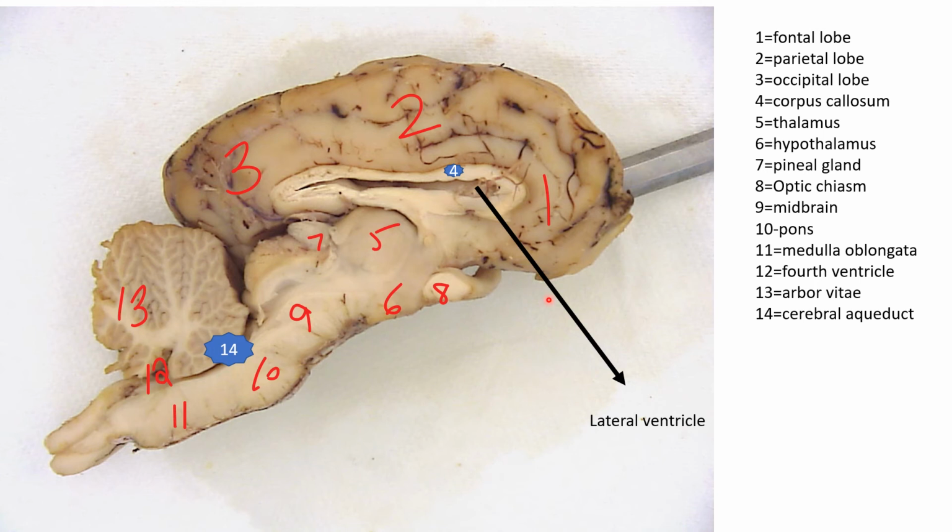And we've already talked about all of it. And just one more thing to mention is that the cerebral aqueduct right here is the passageway for the CSF to move from the third ventricle into the fourth ventricle.